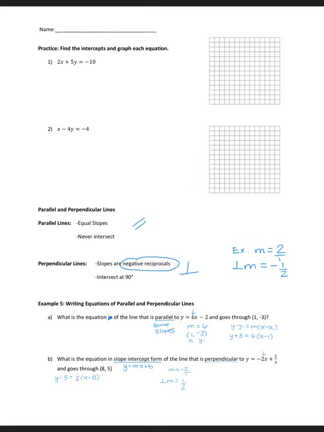To get it to slope-intercept form, we need to move the negative 5 over, and we need to distribute this 1/2. So I'm going to start by distributing the 1/2. This gives me 1/2 x minus 4. And then I add 5 to both sides. And that is my equation in slope-intercept form.